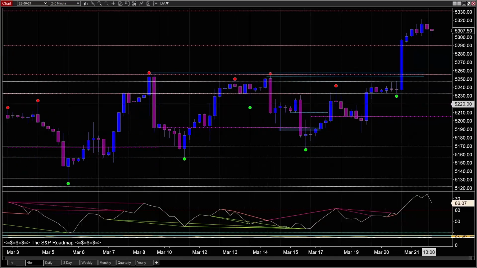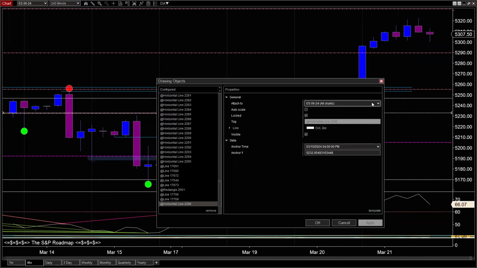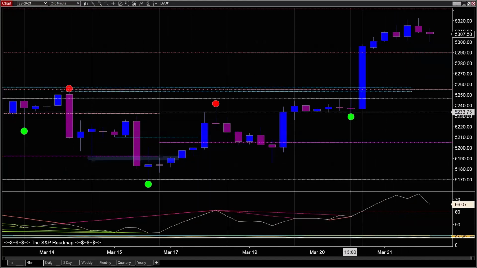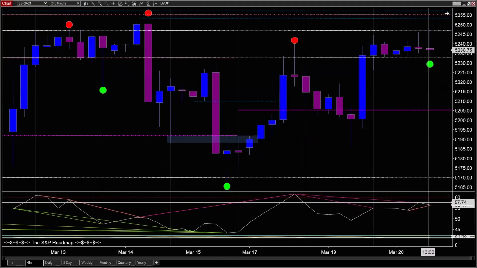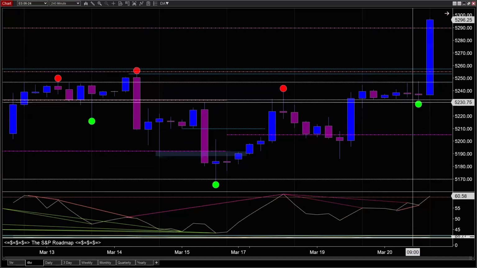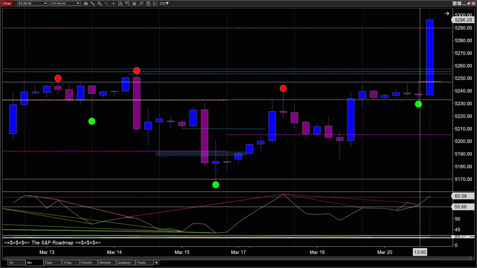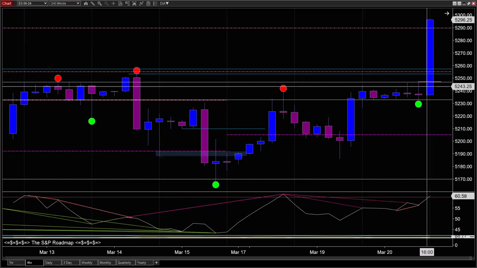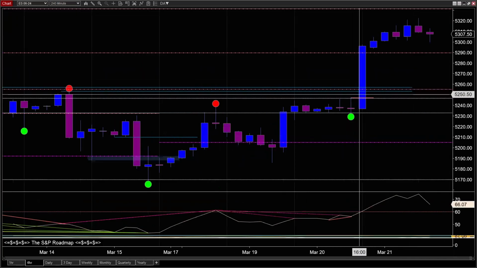So just so happened this morning, we pulled back and we had our roadmap level here at 52.33, and we pulled back to it to the tick. And at that moment, we had a potential bullish signal going on. And then we broke right through the top end of that candle where we had the potential signal. So it confirmed right around the time that we broke out for the news event yesterday, right?